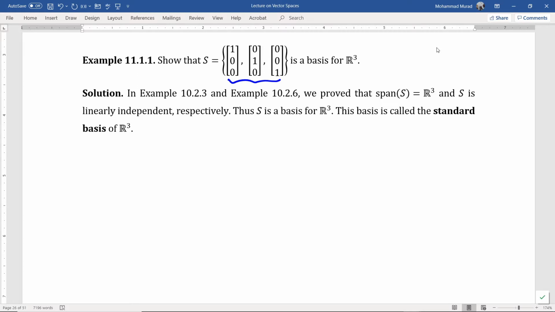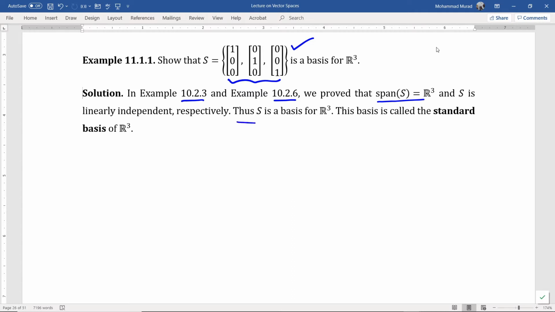In examples 10.2.3 and 10.2.6, we proved that span of S is equal to the space R3, meaning that any vector in the vector space R3 can be written as a linear combination of vectors in the set S. And the set S is linearly independent.